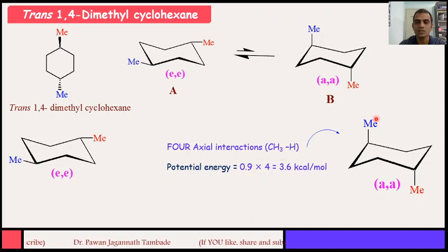Because of that, the potential energy of this AA conformer increases by 3.6 kilocalorie per mole, and thus in the case of trans 1,4-dimethyl cyclohexane, the EE conformation is more stable as compared to the AA conformation.